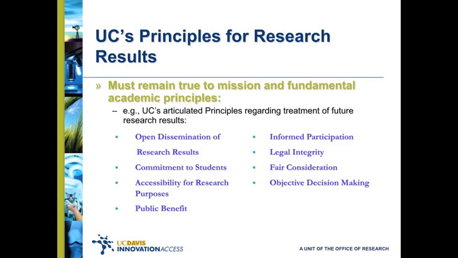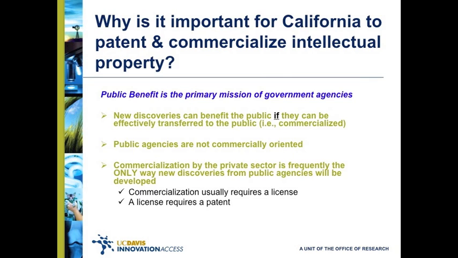Why is it important for California to patent and commercialize intellectual property? Because the mission of government agencies is not normally oriented towards commercialization, it is not always clear to those on the outside why we should be engaged in commercial activities such as patenting and licensing.